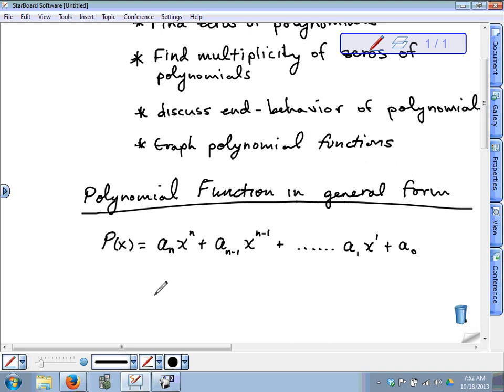Okay. A couple of vocab words here. The term at the front is called the leading term. The coefficient is called the leading coefficient. And then there's something that we refer to called the degree of the polynomial.